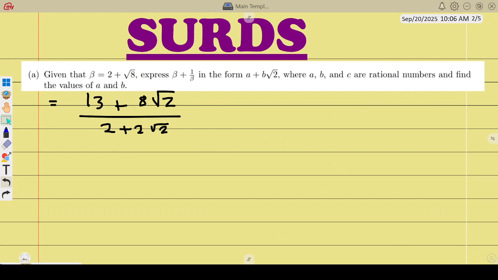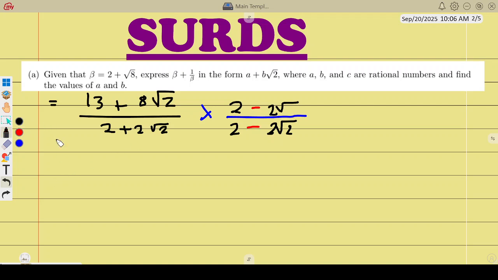So now from here, let us simplify. We're going to express it in this form. We just multiply by the conjugate. We're rationalizing the denominator. So this is 2 root 2, we have 2 root 2, and then here we just say minus.